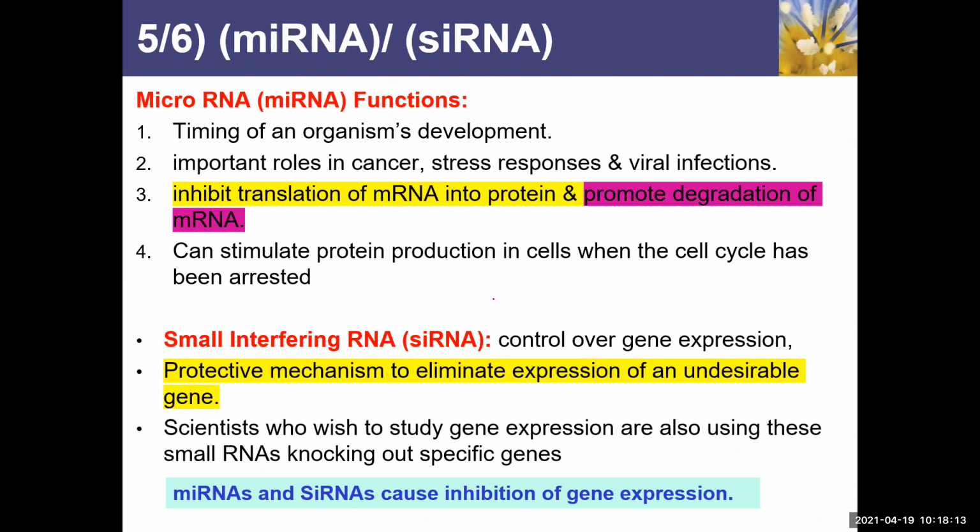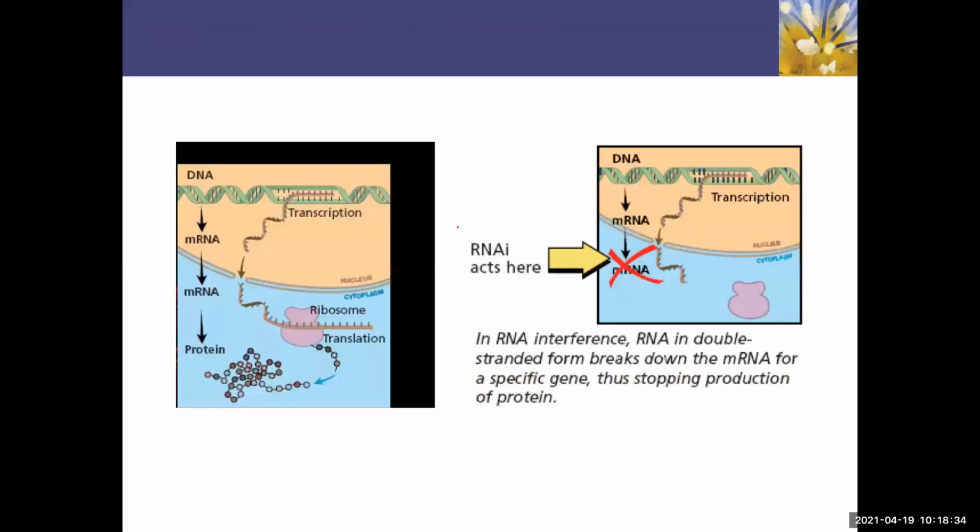Then we had another question about the microRNA and the small interfering RNA. What was the difference between the two? If you remember, I told you that these are the two newly discovered RNAs.